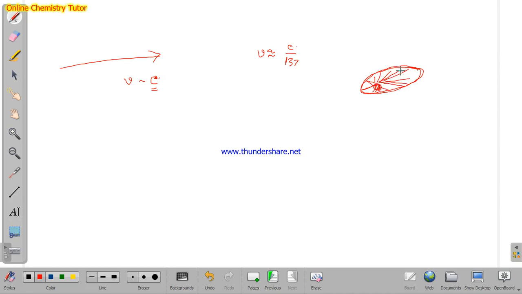So we know that the energy of an electron, or the velocity of the electron, is proportional to 1 by r. In Bohr's theory, what we suggested is mvr equal to nh by 2 pi, or v equal to nh by 2 pi mr. So when r decreases, the velocity will increase.